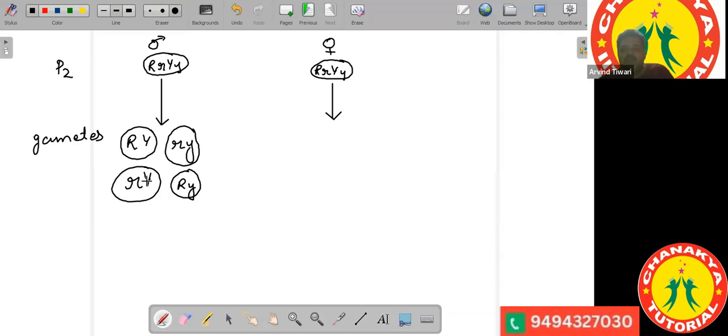Why do I say the law of independent assortment? Law of independent assortment means whether the dominant allele is present or not, whether the recessive allele is present or not, it does not make any difference. The gamete formation will take place equally, with an equal number of gametes formed.